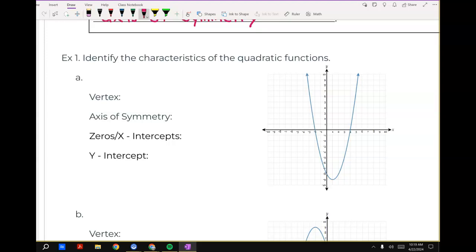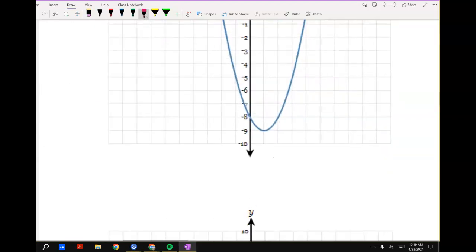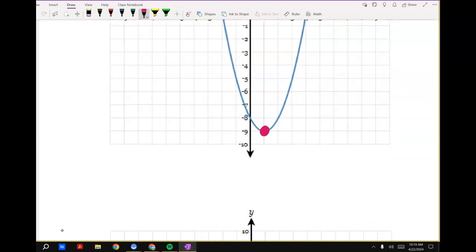This is a graph that's opening up, so we're looking for the lowest point. So our vertex would be down here. Vertex. And we want to label the point. Remember, we always put our x value first, then our y value. So this will be 1, -9.